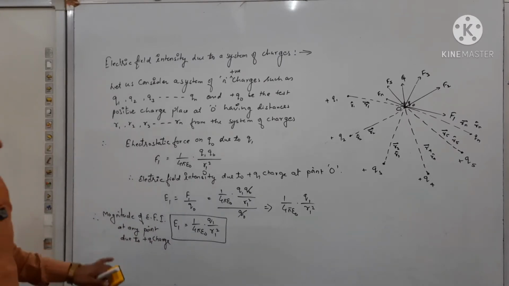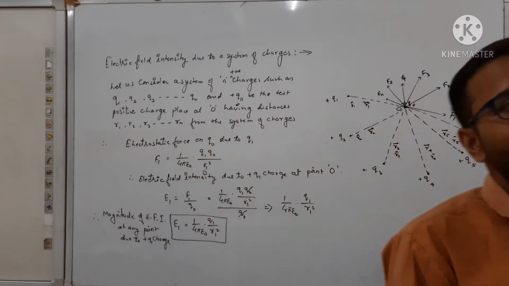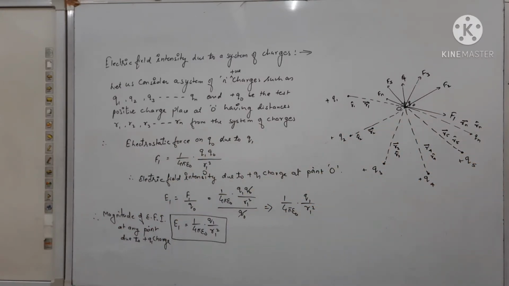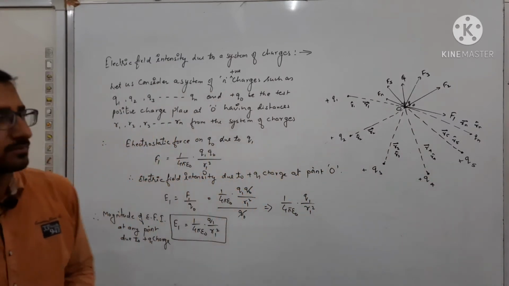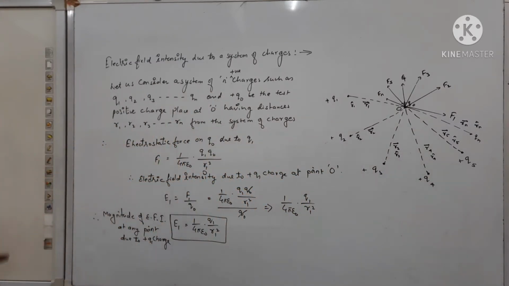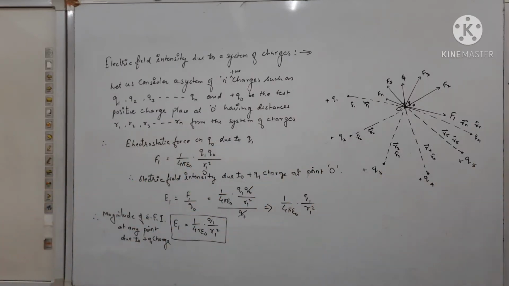So this work is only for the single charge Q1. Now similarly, we will do the same kind of work for writing the electric field intensity for the other remaining charges in the n charge system. So I will write one by one about the charges Q1, Q2, Q3 and so on. So for that, pause the video and note down.